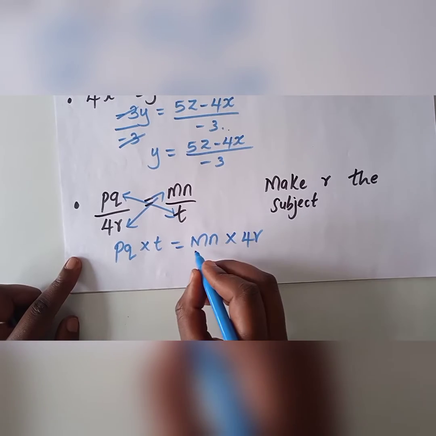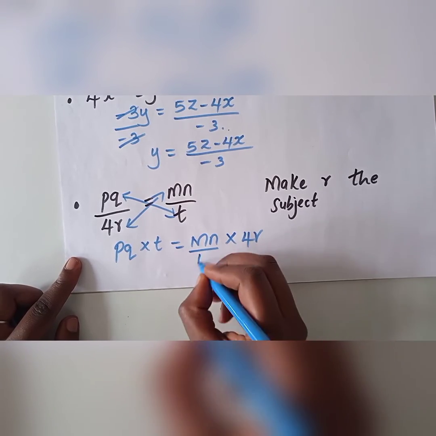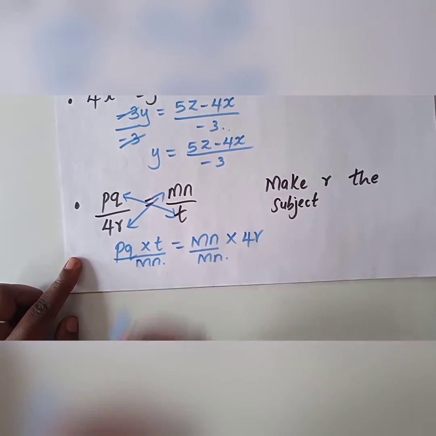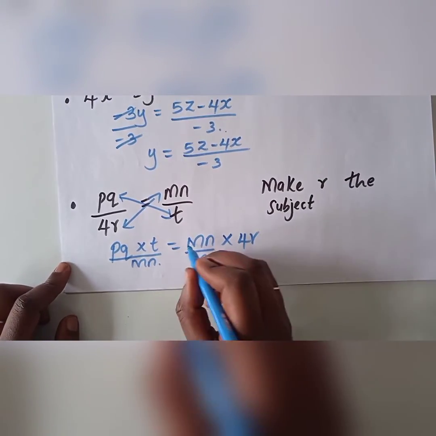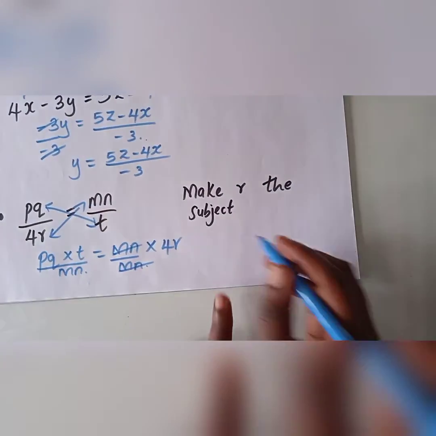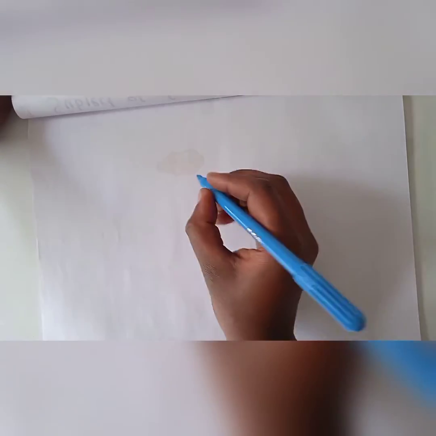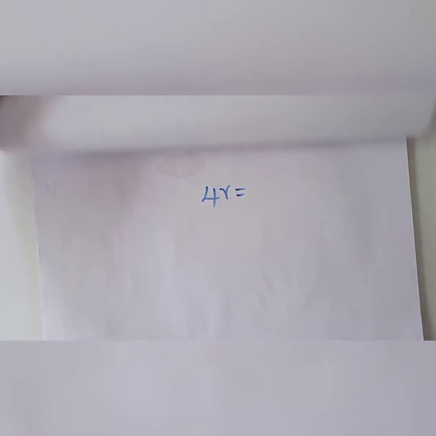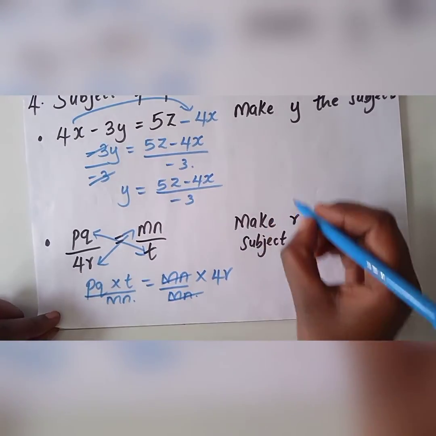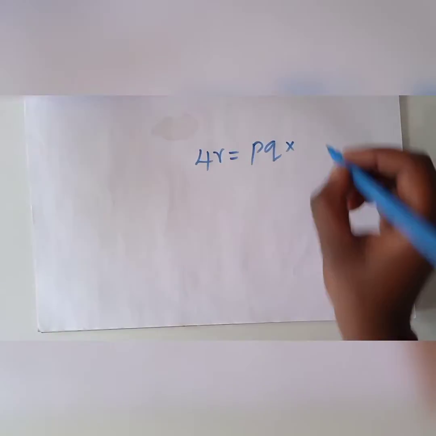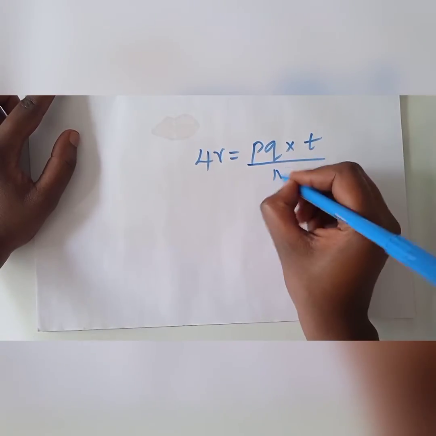So let's get rid of the MN first of all. So we divide by MN on both sides. Okay, so that one goes, and you're left with, so I'll have to write it in the next page. So we have 4R equals to PQ times T over MN.